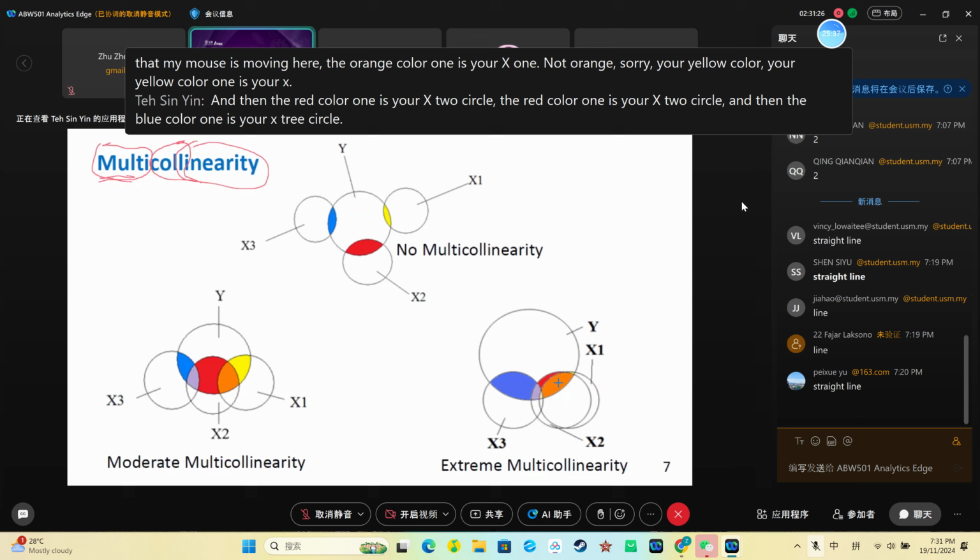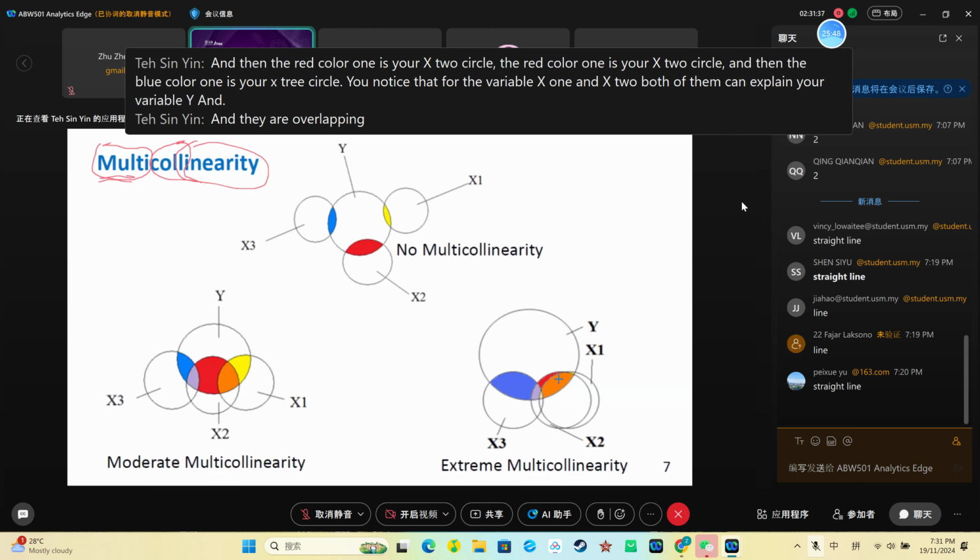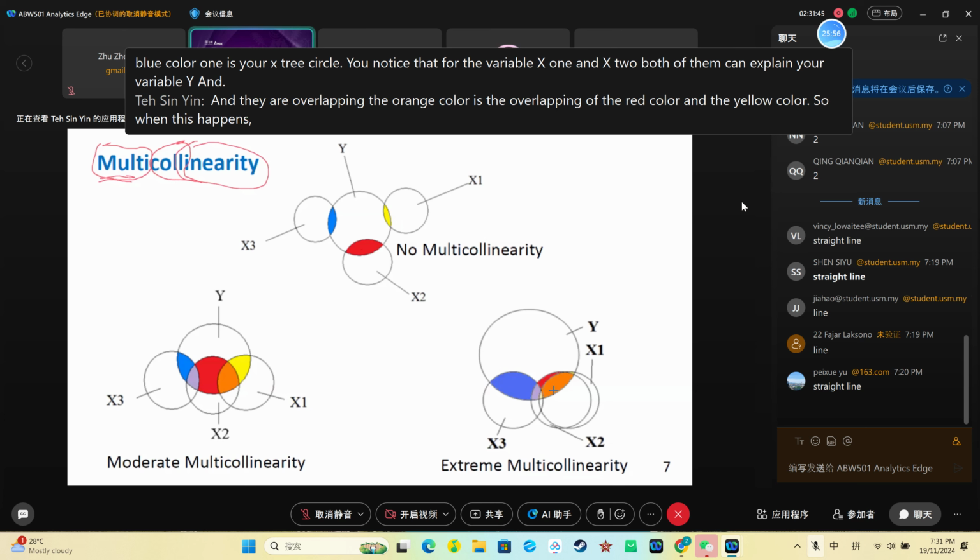You notice that for the variables x1 and x2, both of them can explain your variable y. And they are overlapping. The orange color is the overlapping of the red color and the yellow color. So when this happens, that means there is multi-collinearity between your x1 and x2.